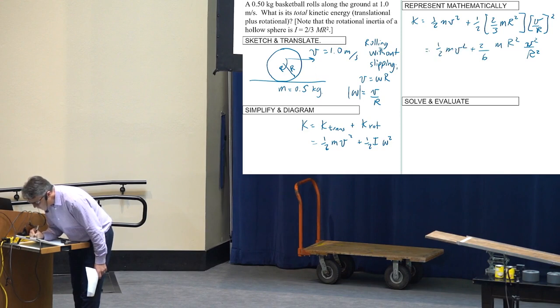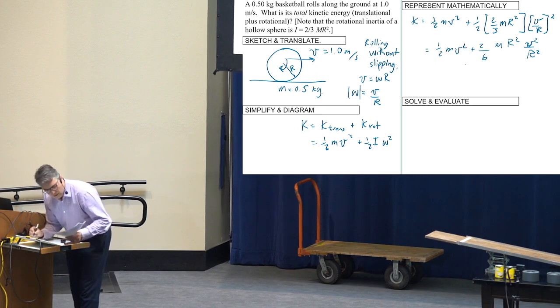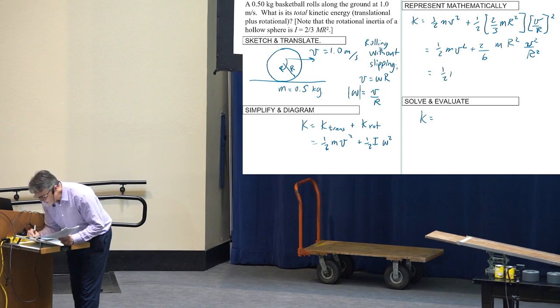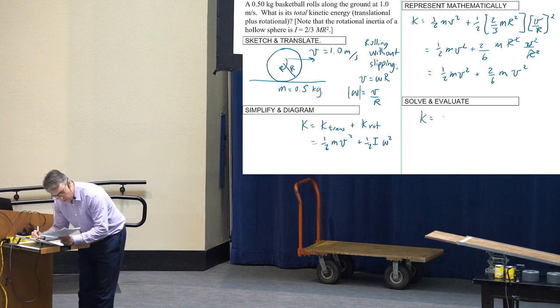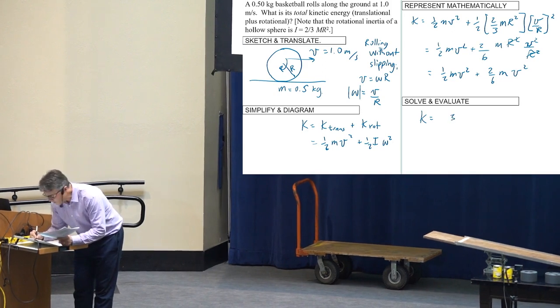You have to simplify this a little bit, but it works out to be the kinetic energy equals 1/2 mv squared plus 2/6 mv squared, because these r squareds cancel. With a common denominator of 6, 3 over 6 plus 2 over 6 is 5 over 6 times mv squared.